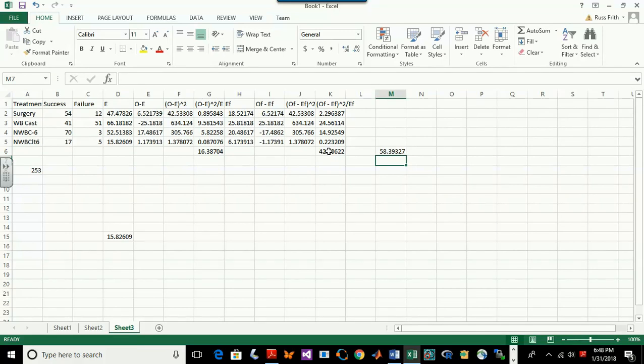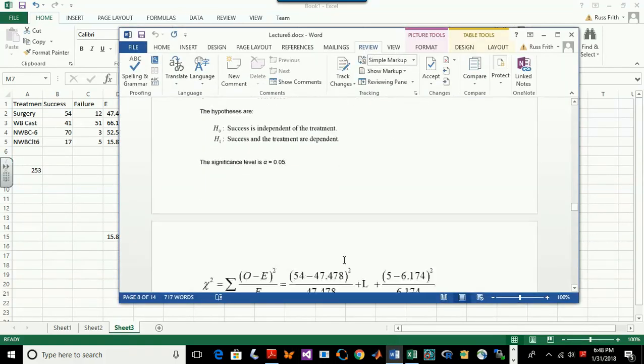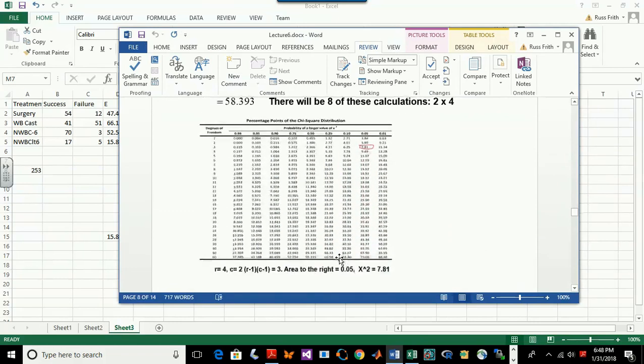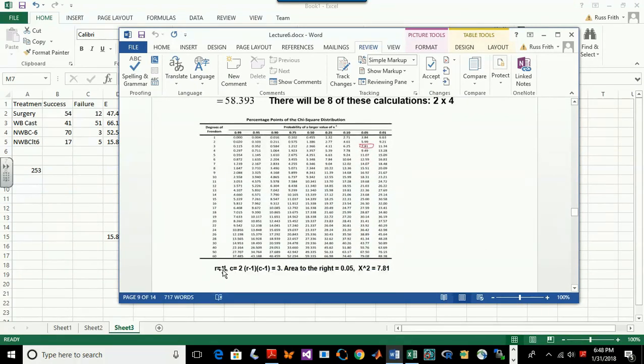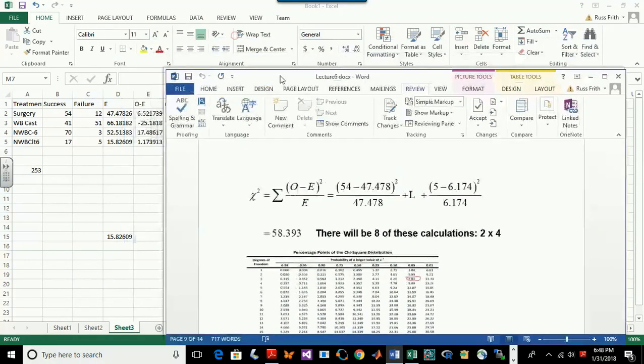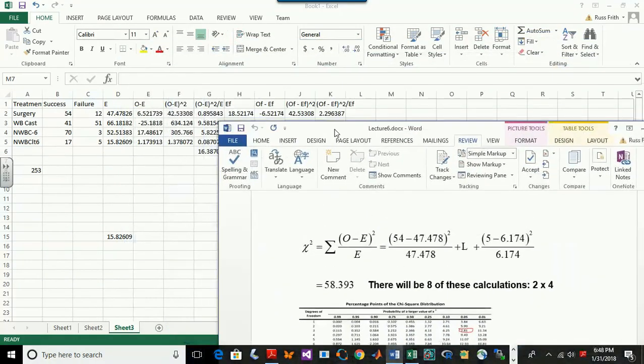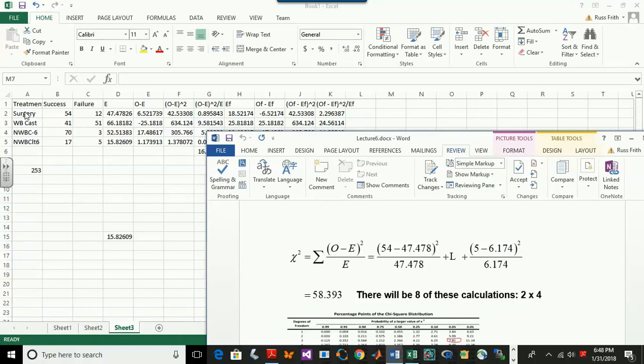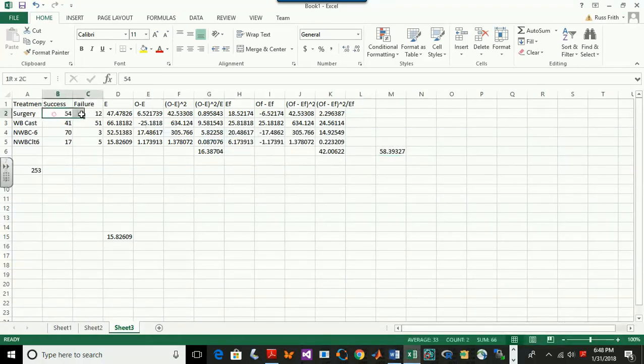All right, so now, what is our critical value? Let's go back into our notes and look at it. The critical value is determined from 4 rows and 2 columns: 4 modes of treatment, success or failure.